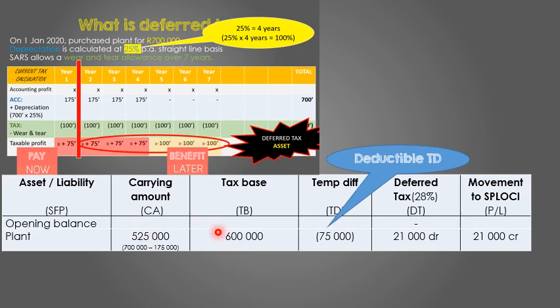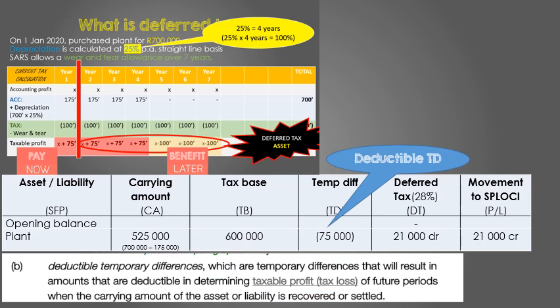So therefore, we are going to be able to have a bigger deduction, which gives us deductible temporary differences and this tax benefit that we recognize now as a deferred tax asset. Okay, so this is then the deductible temporary difference definition, and we see that this will create a deferred tax asset for us.